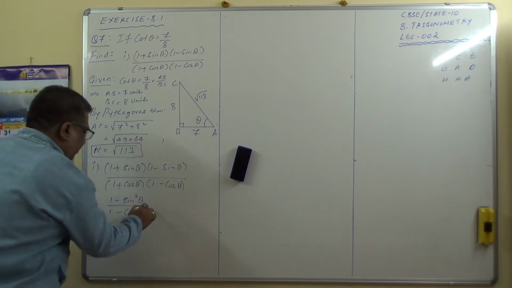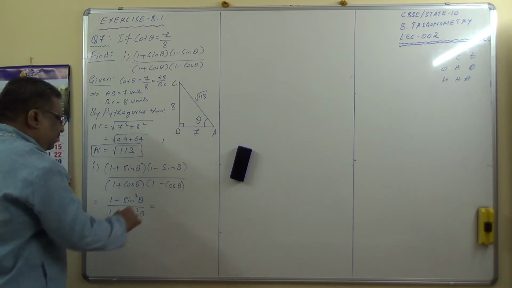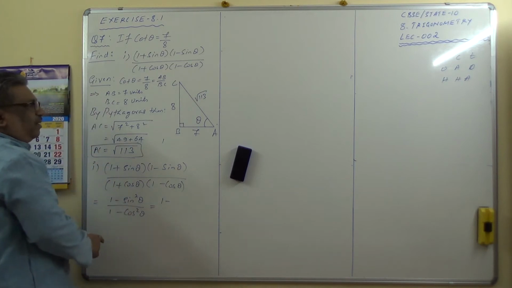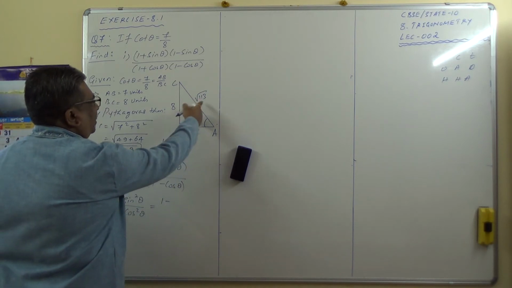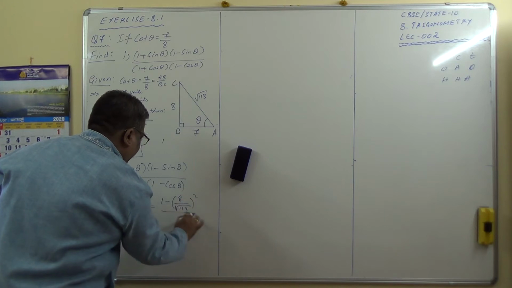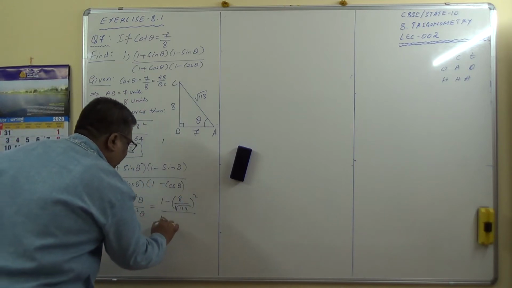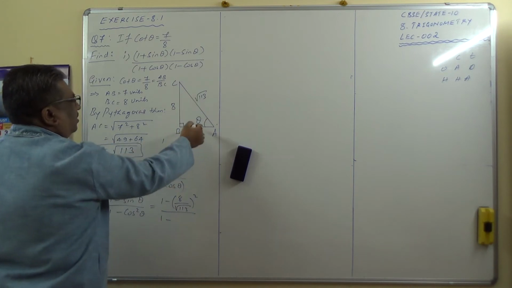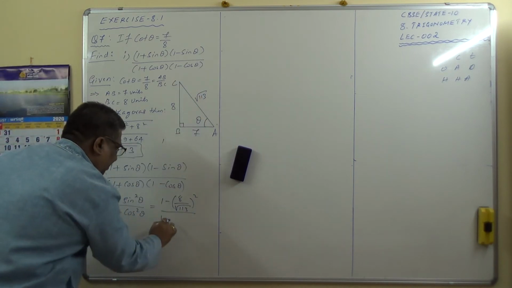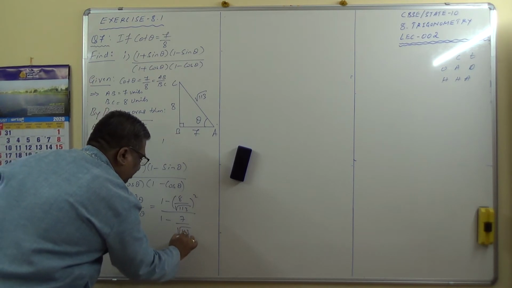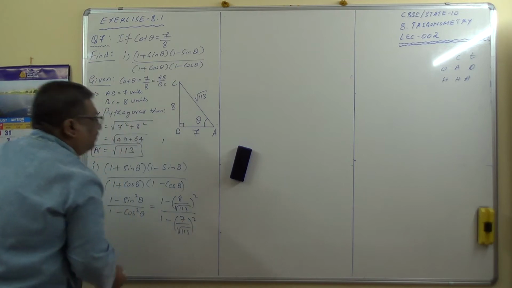Which equals 1 minus sine square theta, sine theta the whole square. Sine theta is 8 by under root of 113, the whole square, divided by 1 minus cos square theta. Cos square theta is AB by AC, 7 by under root of 113, the whole square.